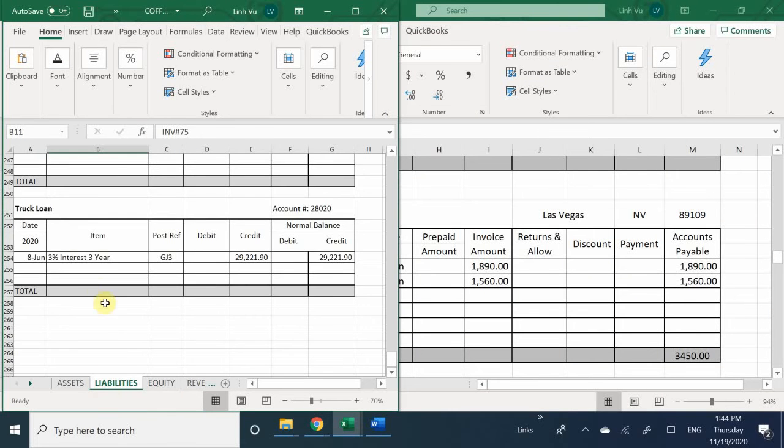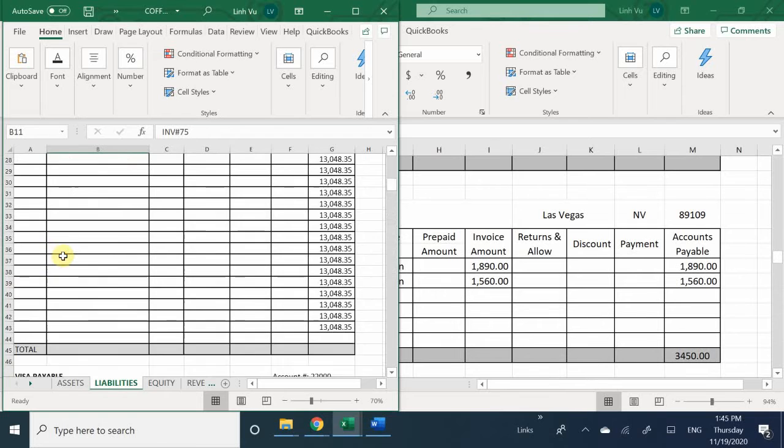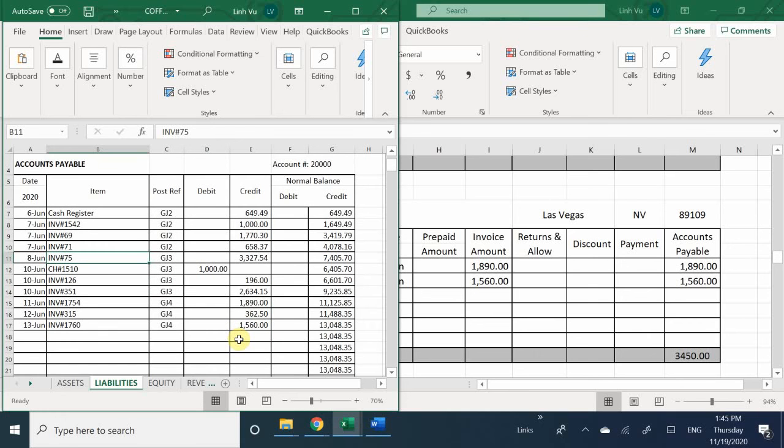Okay. So this is where you're going to zero out the section right here. If we look at the 11th, for invoice number 1754, here I owe 1890. Now that I made a payment, that's going to essentially zero out that 1890. Gotcha. So here, what information are you going to place here?